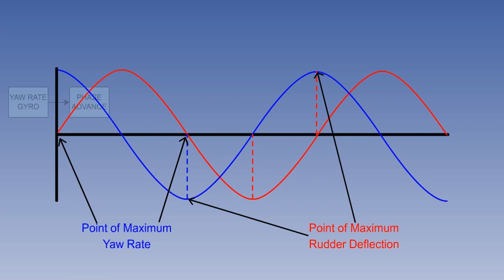The phase advance enables maximum yaw damper deflection, which is between 3 to 6 degrees rudder deflection, to be applied at the point of maximum yaw rate, and ensures that the rudder input is moved faster so that the yaw rate is not accelerated.